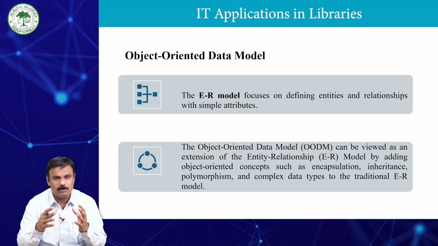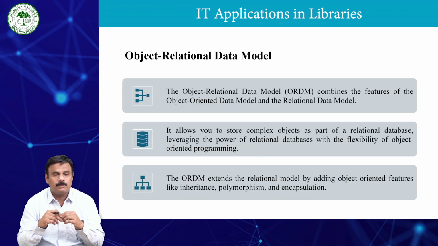So this object-oriented data model is also an extension of ER model, but we are adding some object-oriented concepts into it. The another model is a object relational data model. The object relational data model combines the features of the object-oriented data model and the relational data model.